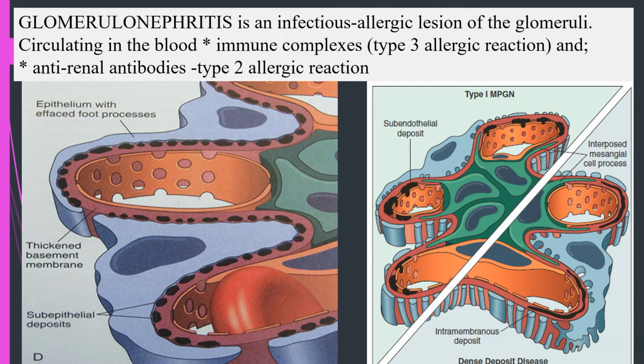Glomerulonephritis is an infectious allergic lesion of the glomeruli, fenestra, and podocytes, with accumulation of antigen-antibody complex in the glomeruli. Circulating immune complex in the body forms a type 3 allergic reaction. If there are circulating antirenal antibodies, it forms a type 2 allergic reaction.